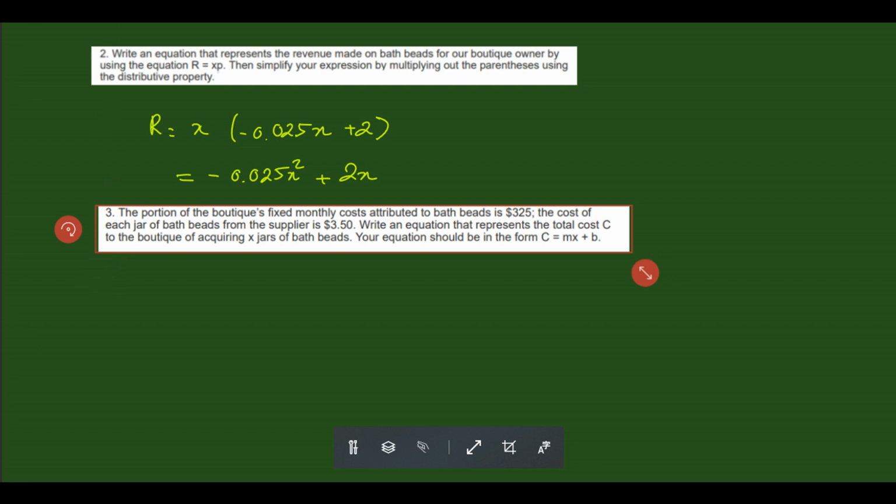We already learned, right? We already know the total cost will be the fixed cost plus the rate. The rate over here is the $3.5, so C equals 3.5x, where x represents the number of yards of bath bit. The same thing over here, x represents the number of yards of bath bit, measured in yards.